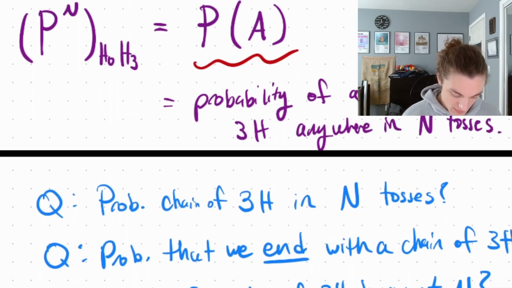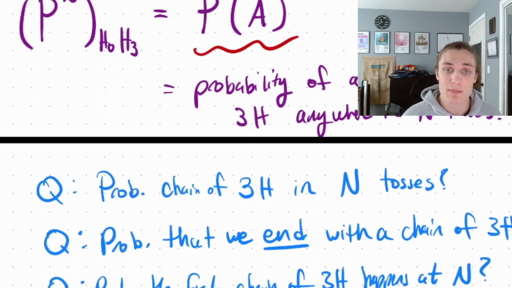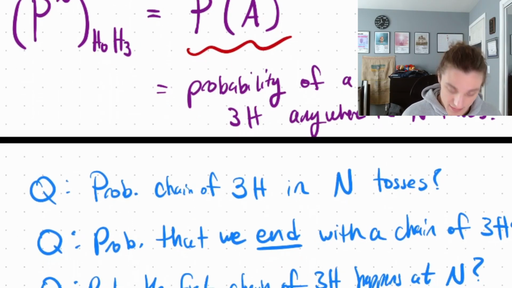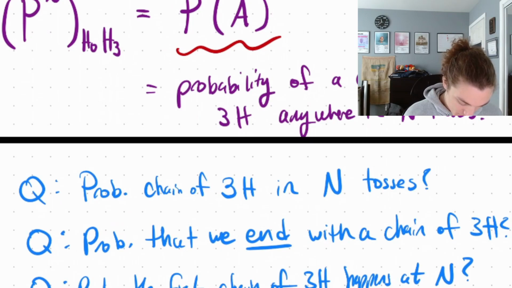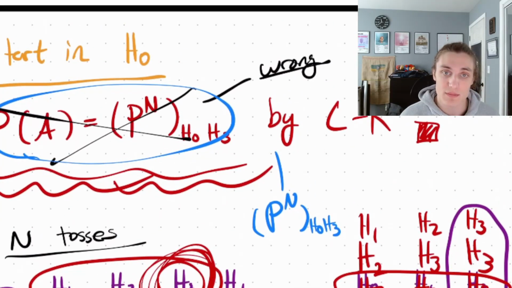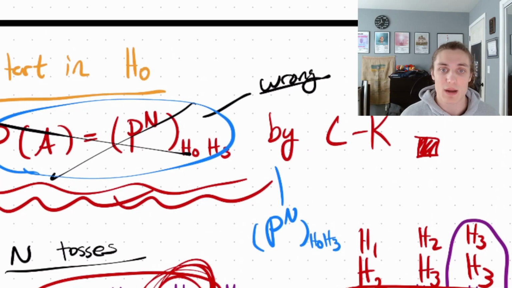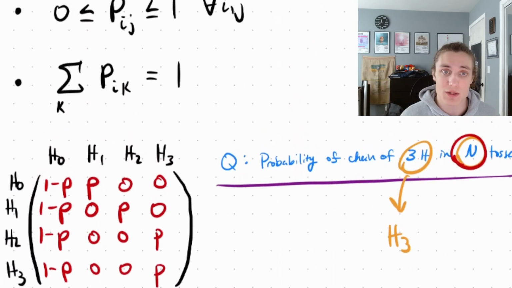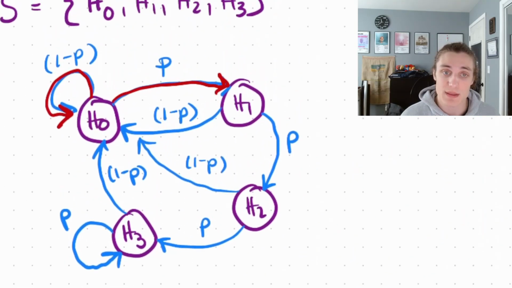The second question that we observed is, what is the probability that we end with a chain? Okay, that's this guy here. That we end with a chain of 3 heads, right? So if we go back up to what I deemed as incorrect to the first question, via Chapman-Kolmogorov, if we use our original diagram, we can answer that question. That's going to be this guy right here.